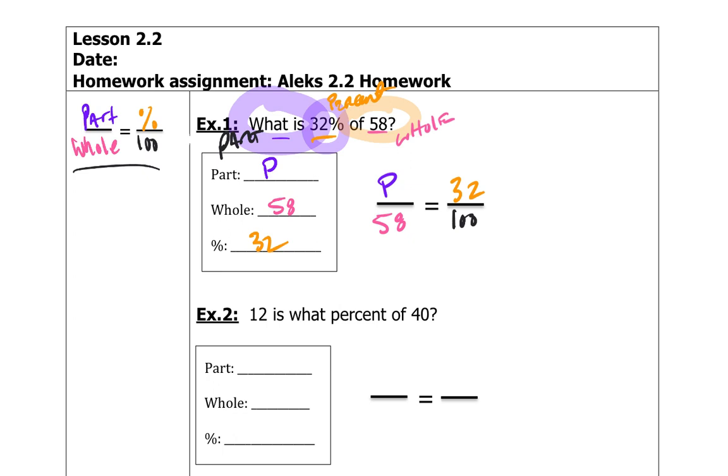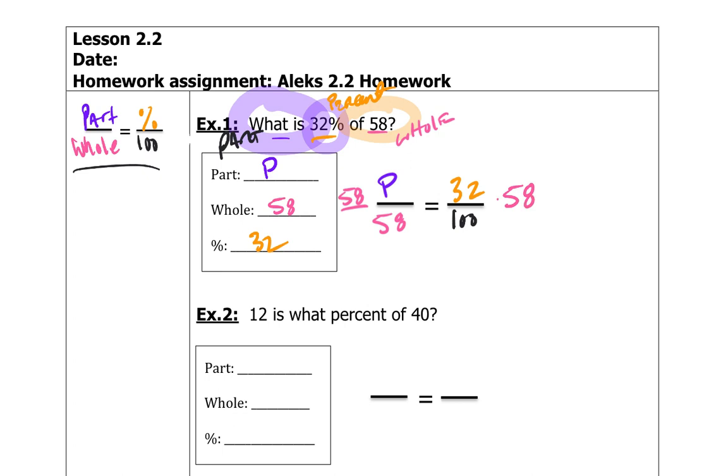Let's just do something wild and crazy. We're going to solve for P. Now, if we look, P is being divided by 58. How do you undo division by 58? You multiply by 58. So you multiply both sides by 58. This should look a little familiar.